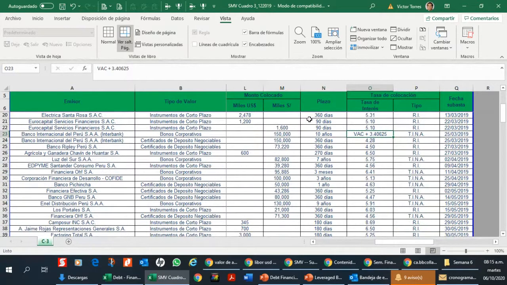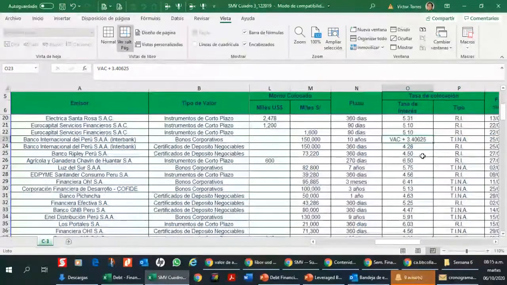Which is valor actualización constante plus a margin or spread, right? So valor actualización constante is a legacy from prior decades where inflation was very important. Here in Peru, we had two-digit inflation as part of our normal business. What happened was that investors got interested in this type of asset because it assures them to receive a real interest rate, according to their expectations.